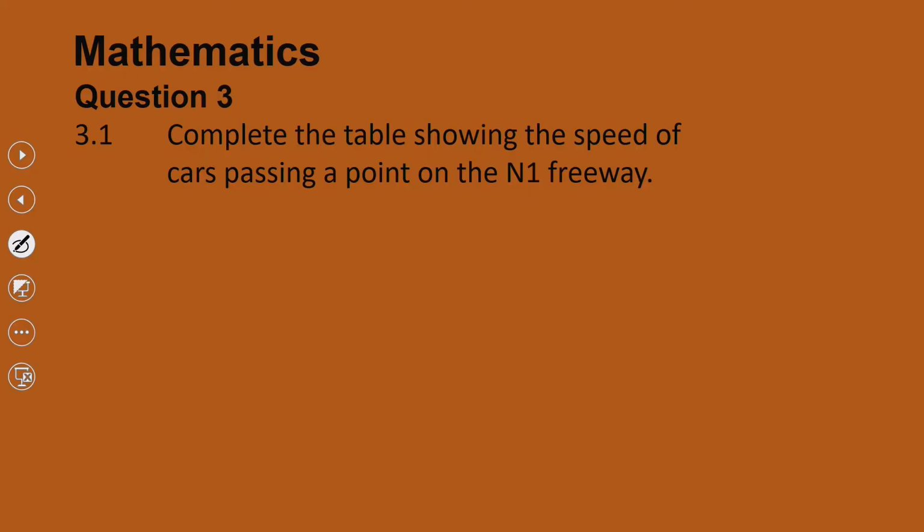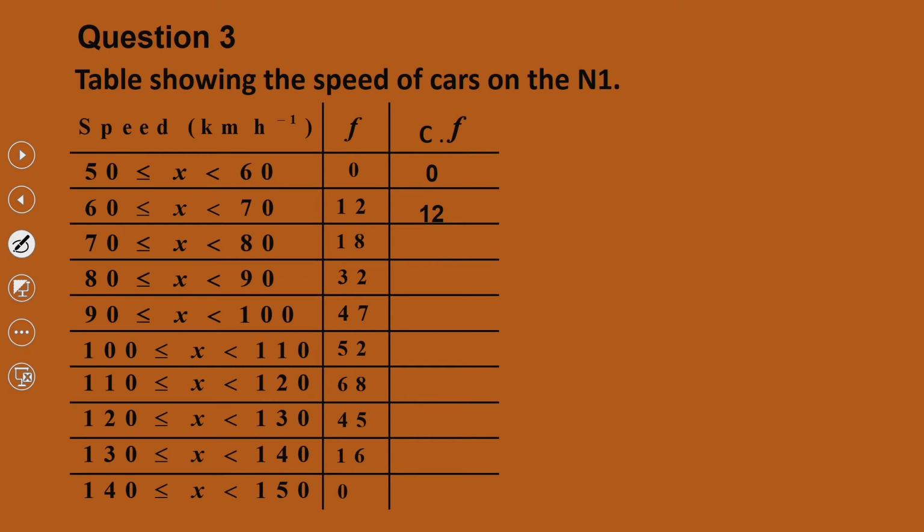Now, when you look at the question that has been given to us, they say complete the table showing the speed of cars passing a point on the N1 freeway. Now, here is the table that has been given to us. First of all, what do you notice?